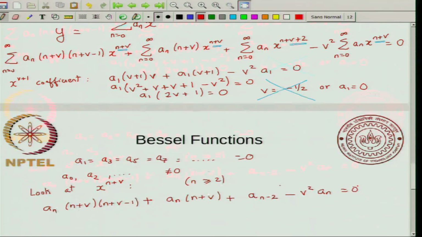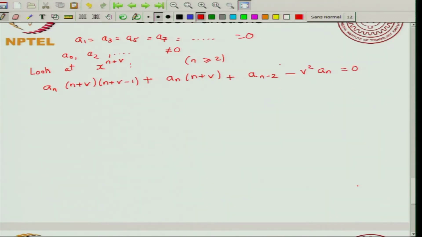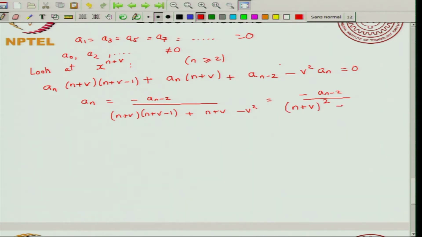So this gives you an equation that relates a_n equal to minus a_{n-2} divided by (n plus v)(n plus v minus 1) plus (n plus v) minus v square. That is equal to minus a_{n-2} divided by (n plus v) whole square minus v square.